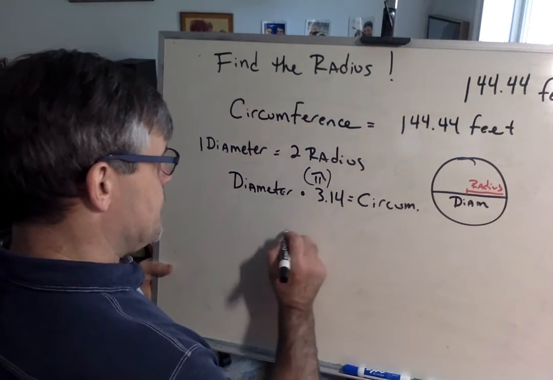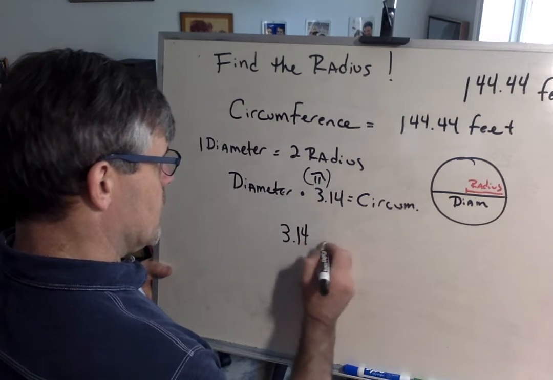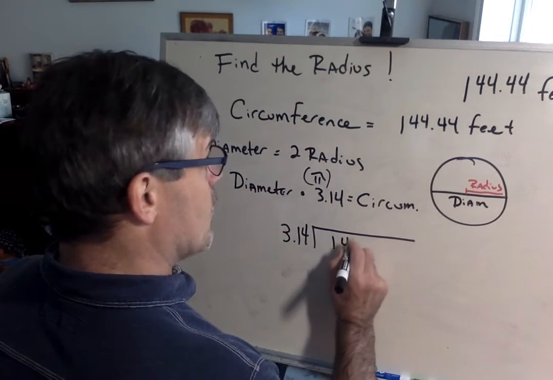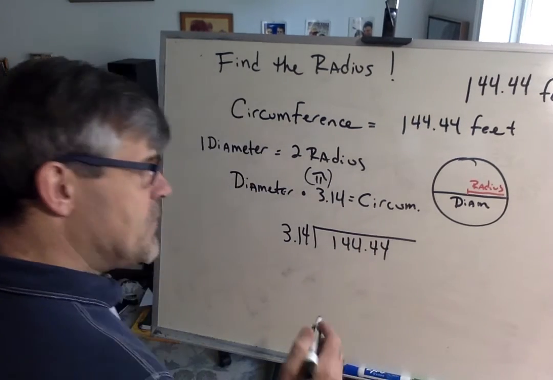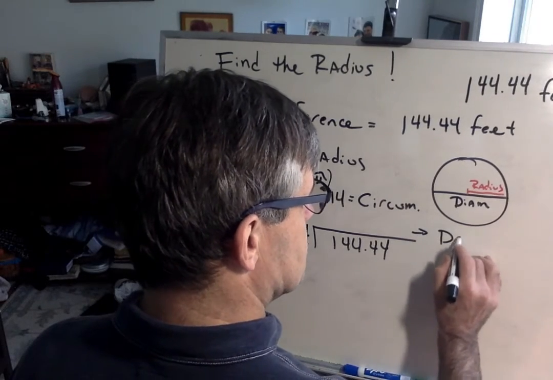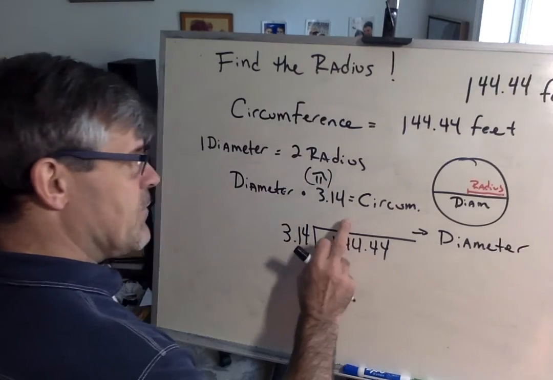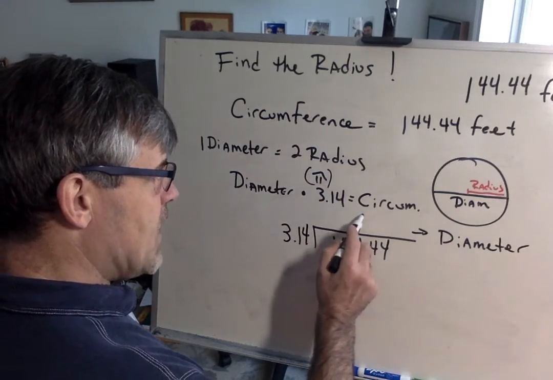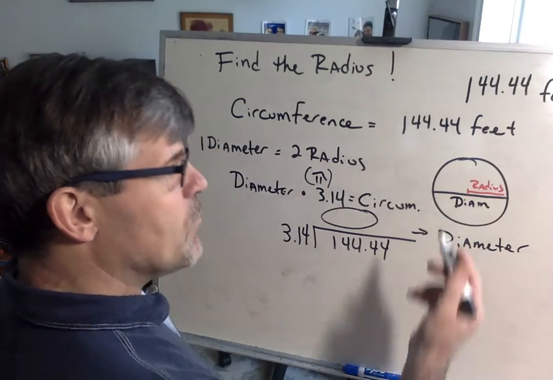So 3.14 goes into 144.44. This is going to give me the diameter. And we know the radius is half the diameter. So whatever you find out here and divide that by 2 will be your radius.